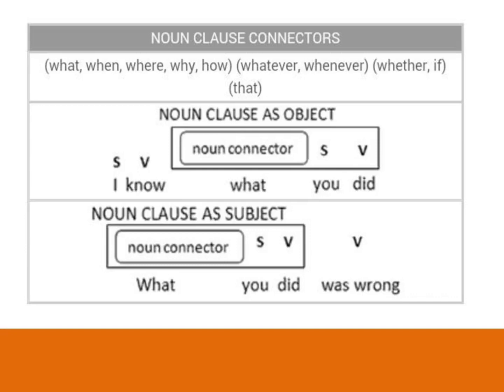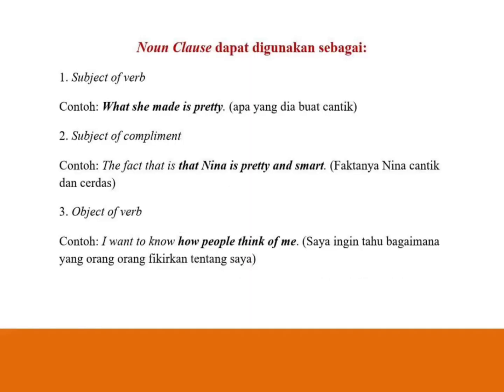The first one is subject of both. For example here, what she made is pretty. The second one, subject of complement. The fact that Nina is pretty and smart. The third, object of both.